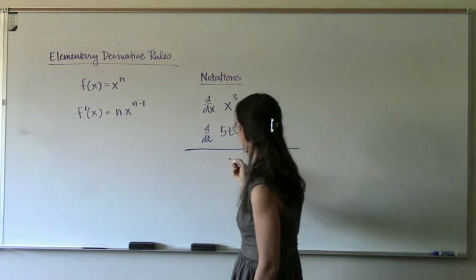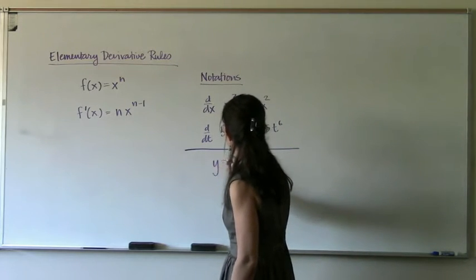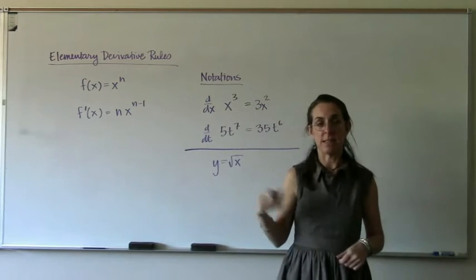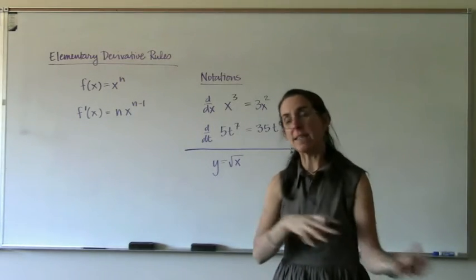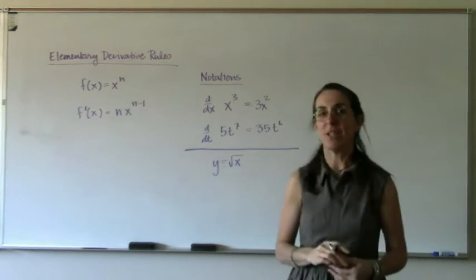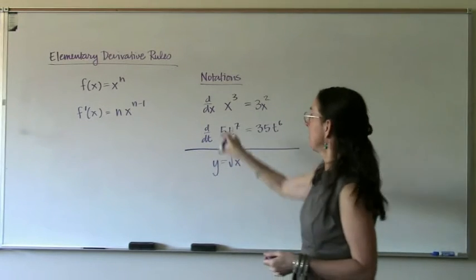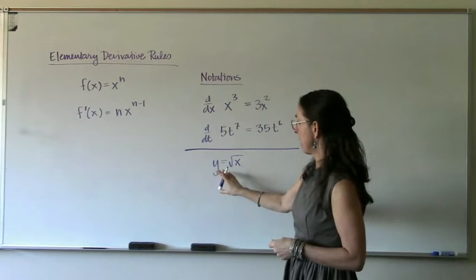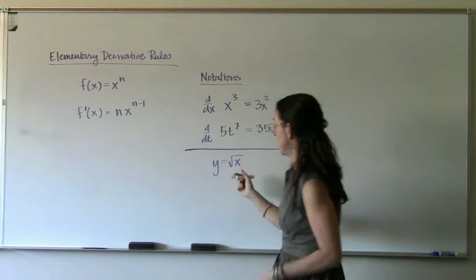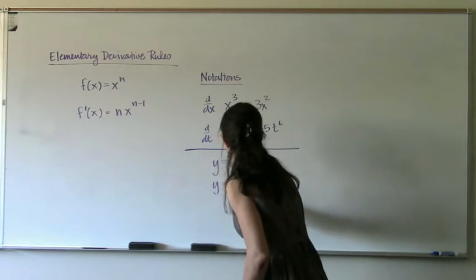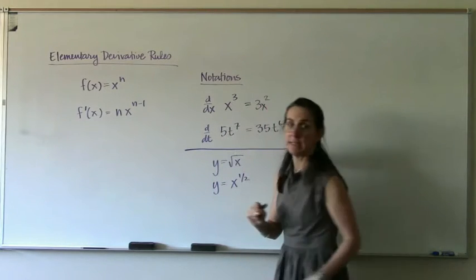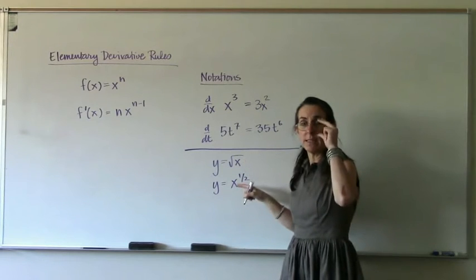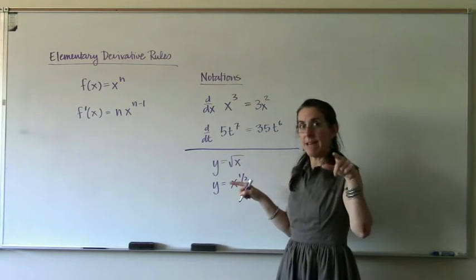Here's another thing. If you have not f of x is equal to whatever, but y is equal to whatever, you can use this same idea to talk about the derivative. So if we have y is equal to the square root of x, that means y is equal to x to the 1/2, right? Because a square root is the same thing as a 1/2 exponent.